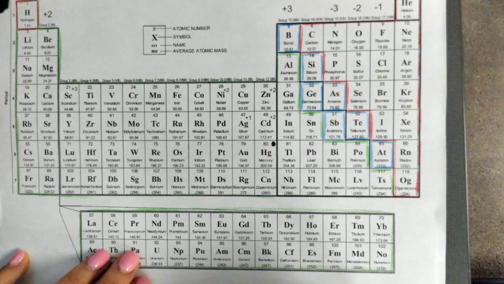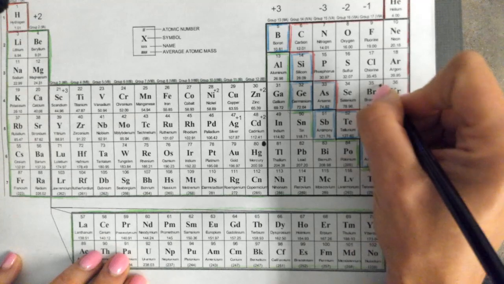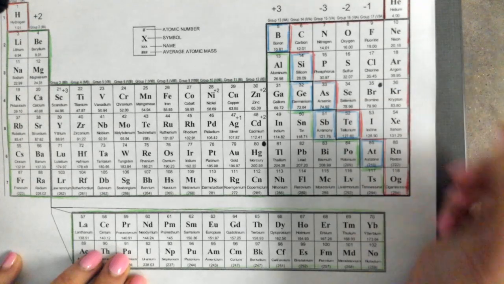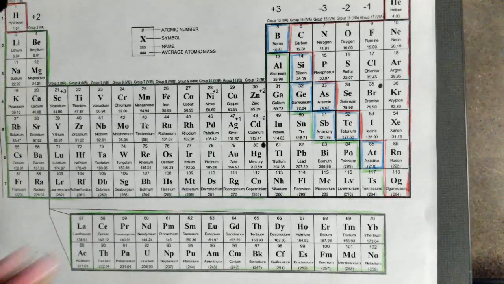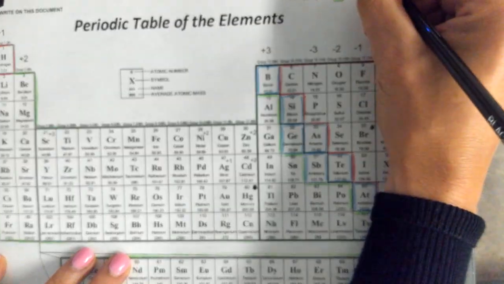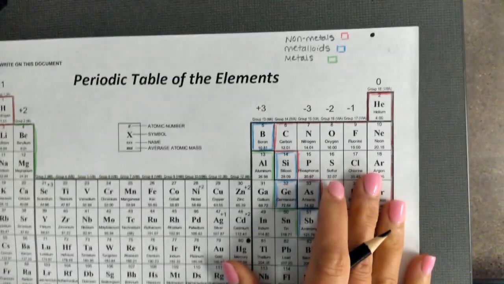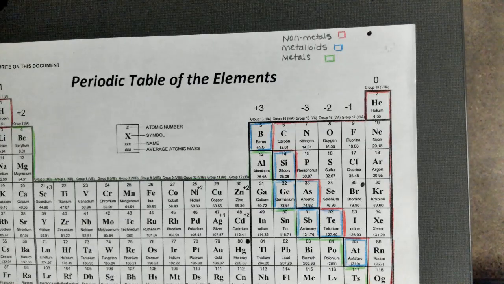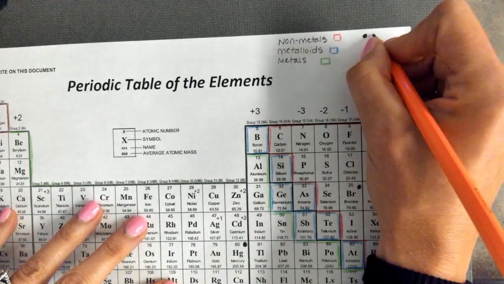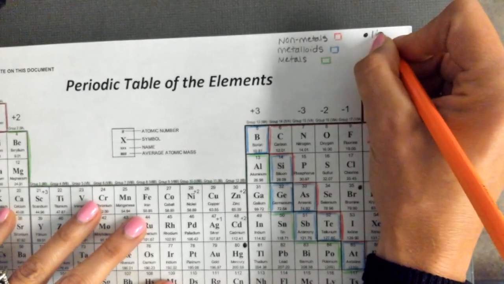Okay, so I got mercury, and then I also have bromine. Okay, so mercury and bromine, do a little dot here up in my upper right-hand corner to show that their phase at room temperature, they are a liquid.